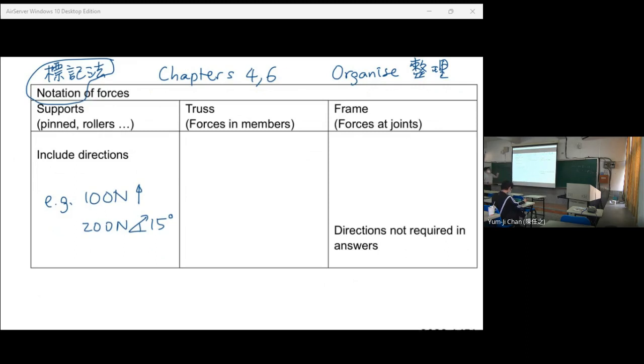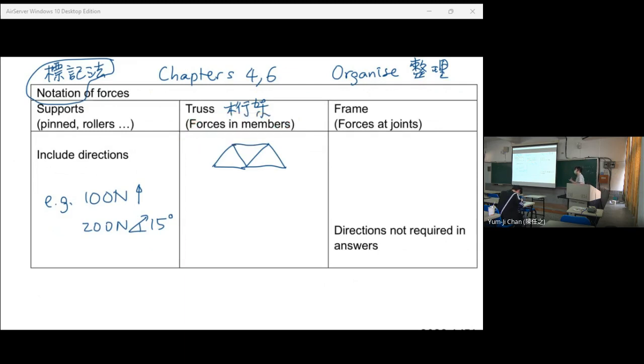For the second type, for trusses, that's like your spaghetti bridge, and for forces in members, how do we mark these forces?